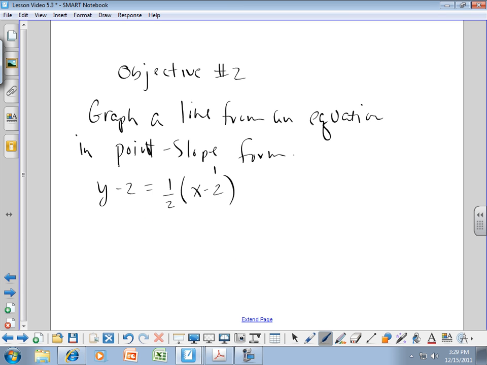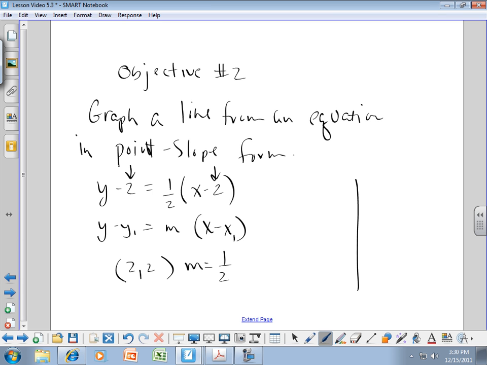Can you see the x value and the y value? Y minus y1 equals m times x minus x1. What point did they give us here? Oh, it's 2, 2, isn't it? This 2 for the x and this 2 for the y. And what's the slope of this line? Well, isn't it 1/2?